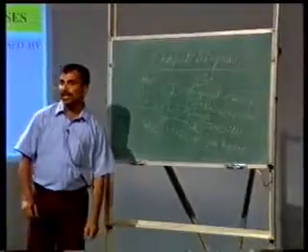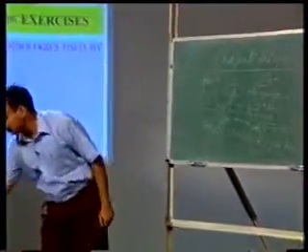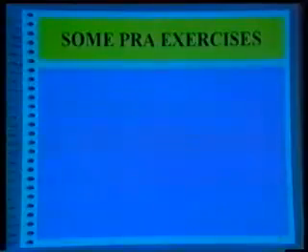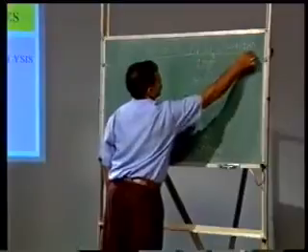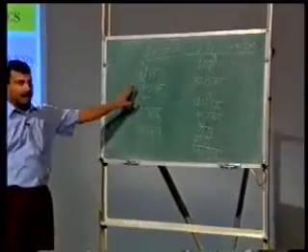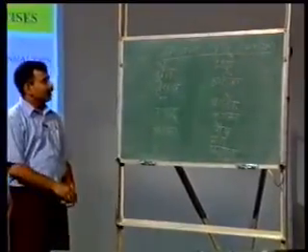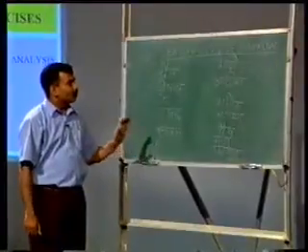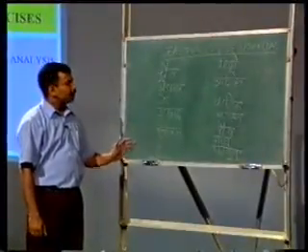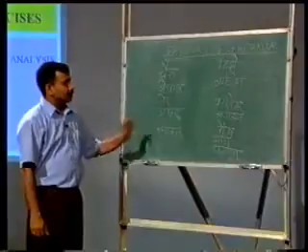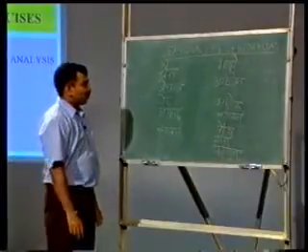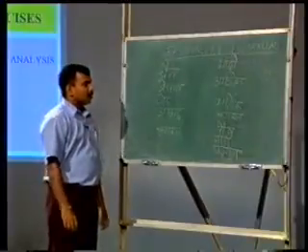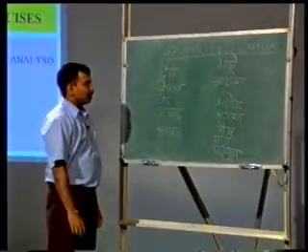Now, we come to the next exercise. For seasonality of workload, we can find out when and how the people are busy in different months. From the agricultural seasons point of view, some of the months have very important features.